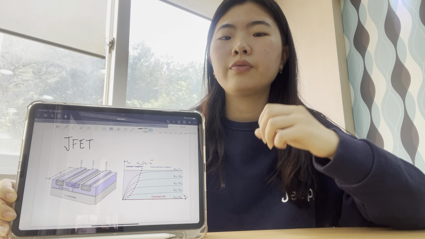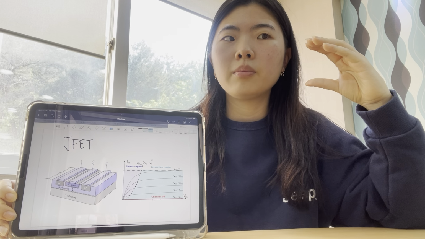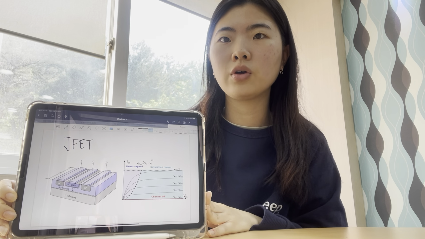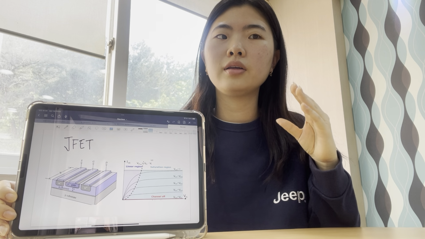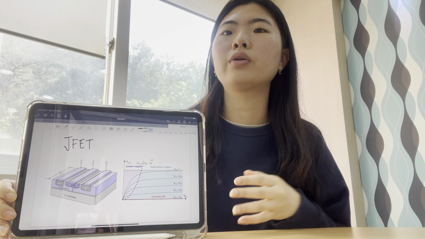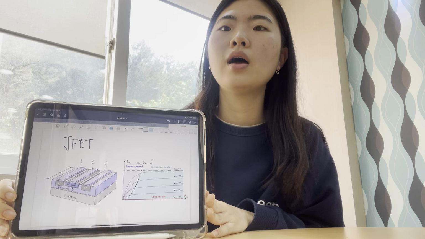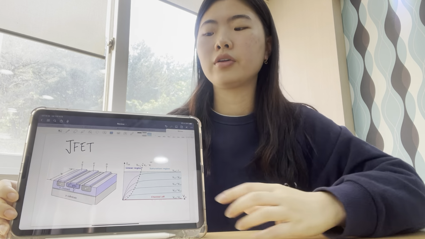So if we make a bigger depletion region, the current cannot flow much. However, if we make a smaller depletion region than before, the current will flow higher than before. So JFET uses the depletion region to flow current.